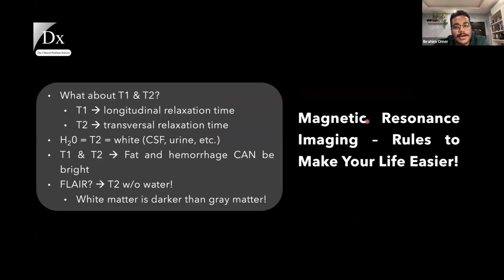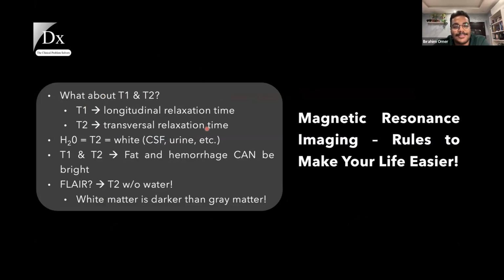So an important tip that will help you in looking at an MRI image and understanding the physiology behind the image itself is to differentiate between the types of magnetic resonance imaging. I'm pretty sure the majority of people in here have heard about T1 and T2 weighted imaging. T1 is typically longitudinal relaxation time and T2 is transverse relaxation time. I know that it seems a little bit complicated.